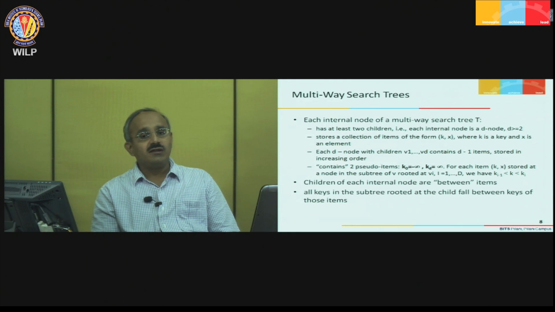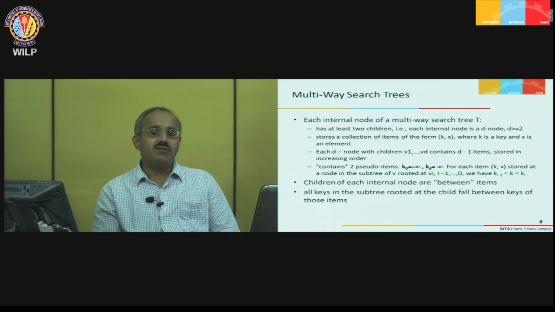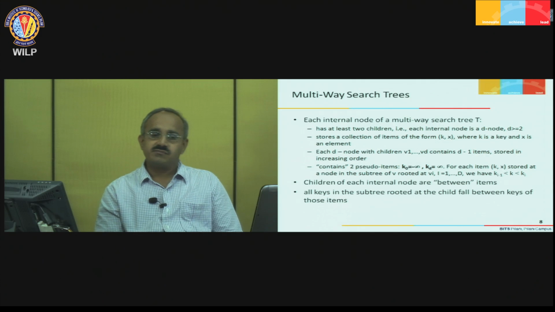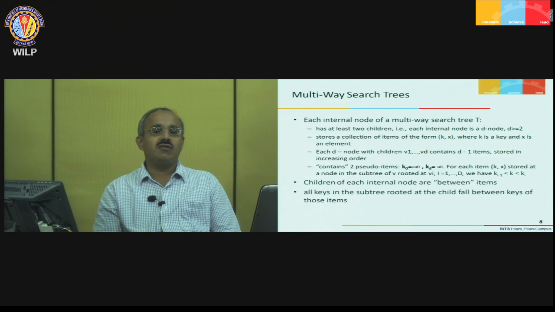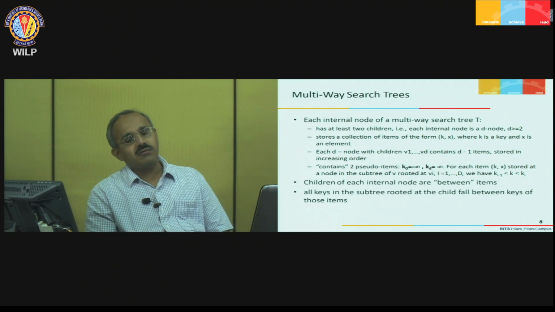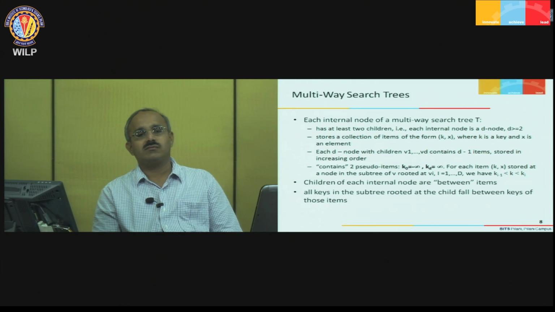It tries to do that in two ways. One is it allows you to store more information at a particular node. Until now, we were looking at trees, whether binary trees or binary search trees, such that we had only one single information stored at a node.